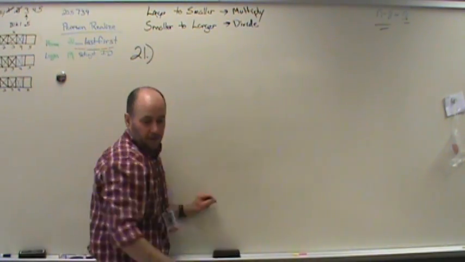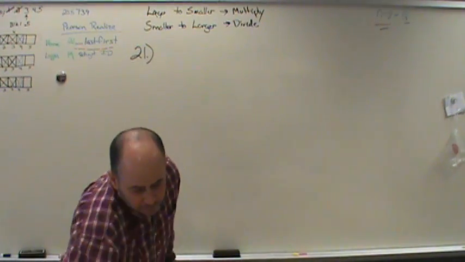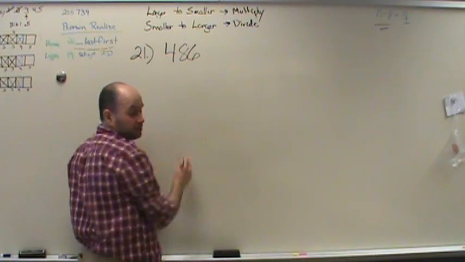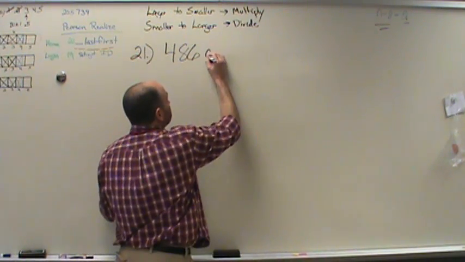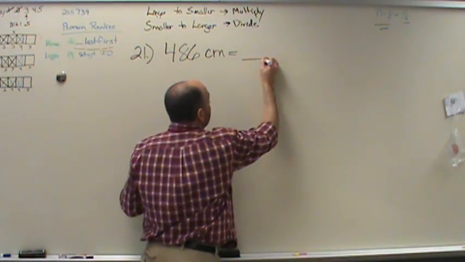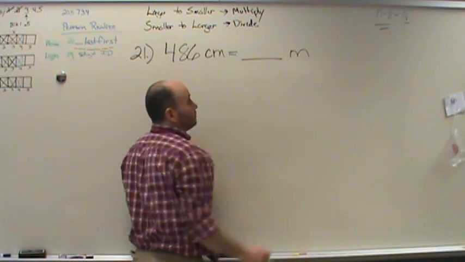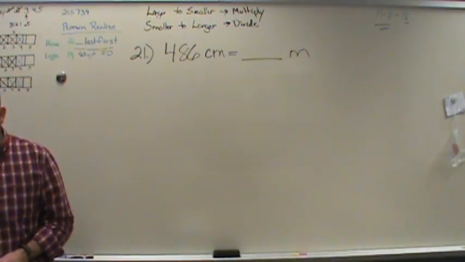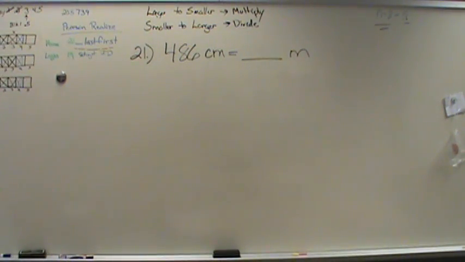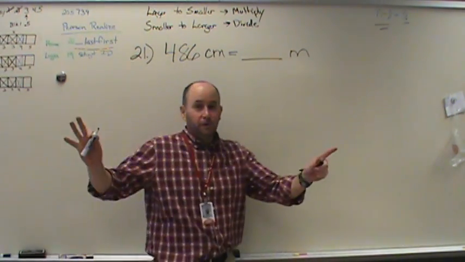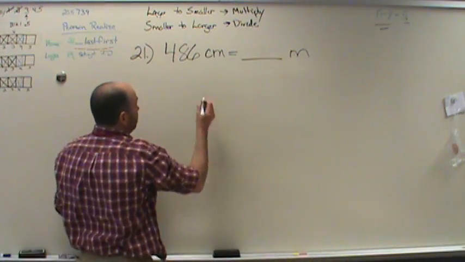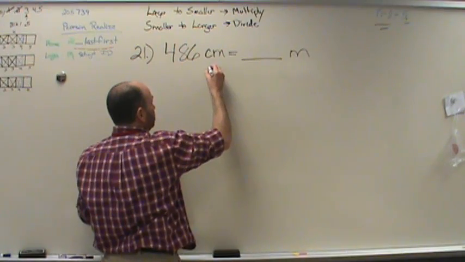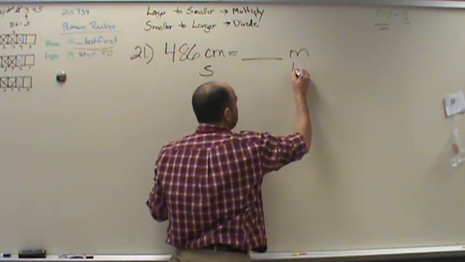Problem 21. In problem 21, you have 486 centimeters equals how many meters? Pause the video, Chris, and see if they can solve this one. All right, hopefully they're all ready. Here we go. Again, we're going from a smaller unit to a larger unit. Smaller to larger.